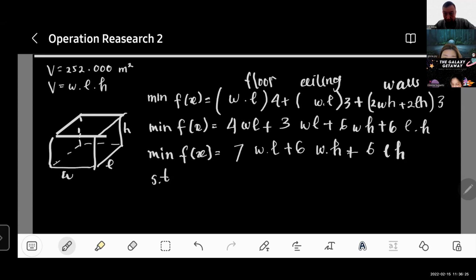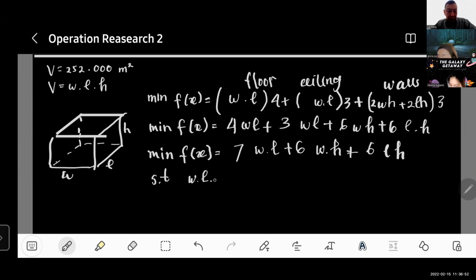So then you put them together: 7WL, and then 6WH and then 6LH. Very good. Subject to constraint. What are the constraints? The constraint is the volume, right?